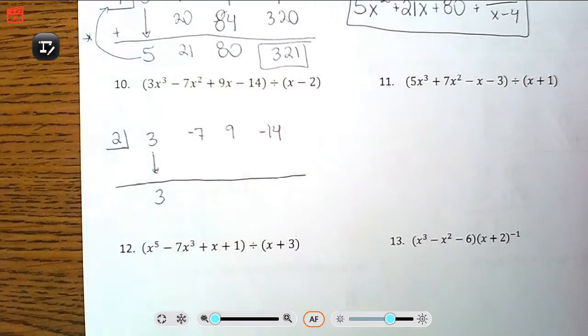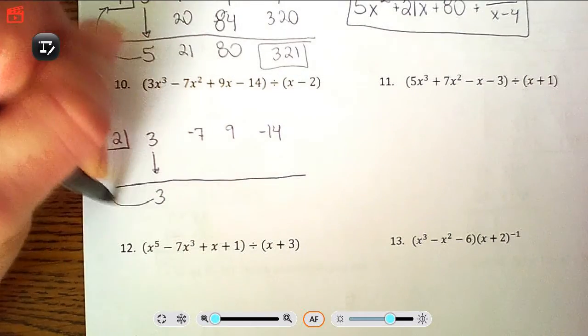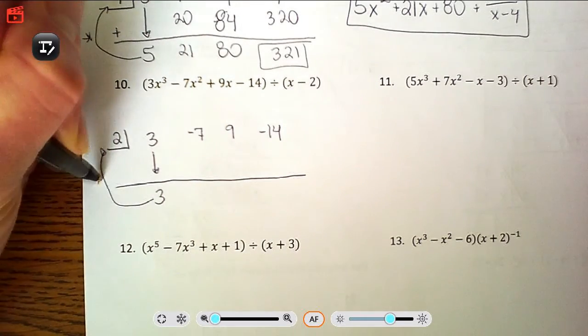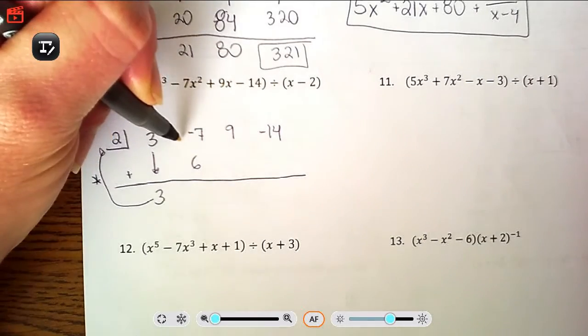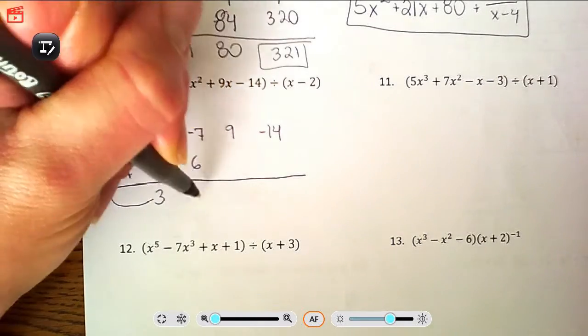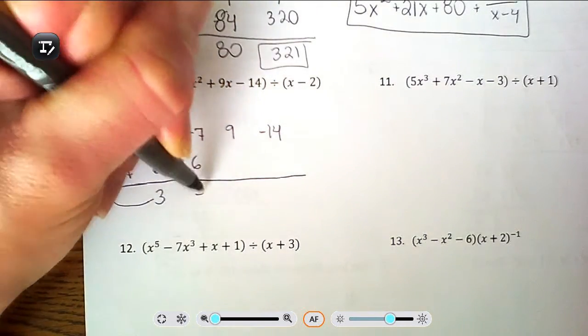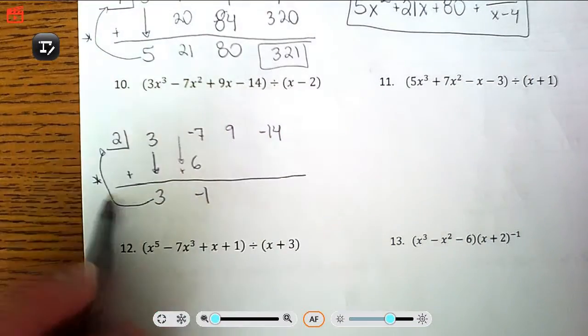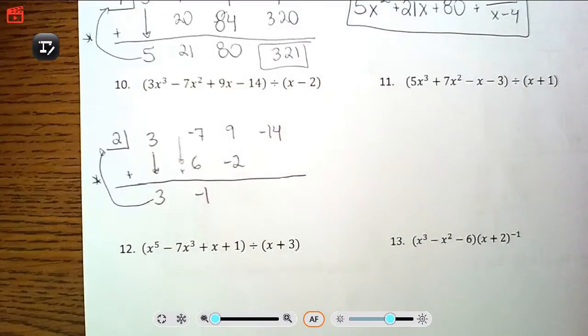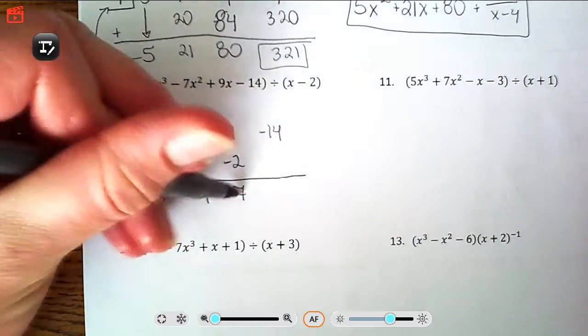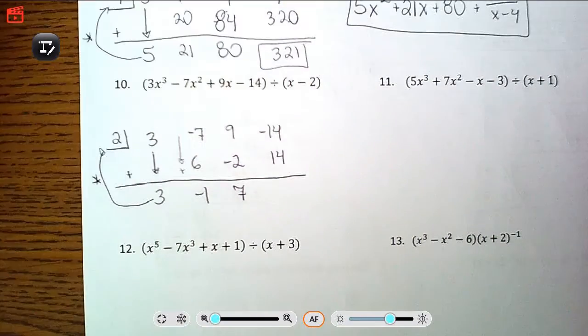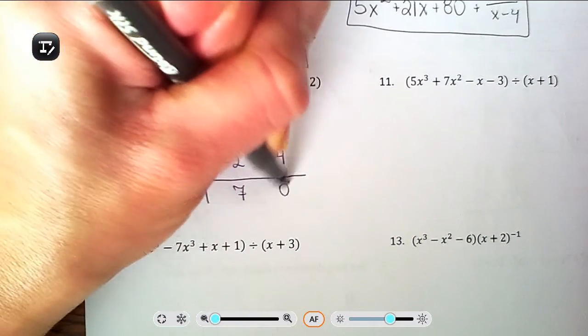First one comes all the way down. Then, what did we do? We multiplied. 3 times 2 is 6. Then we added. -7 plus 6 is -1. -1 times 2 is -2. And 9 minus 2 is 7. 7 times 2 is 14. 14 and -14 is 0.